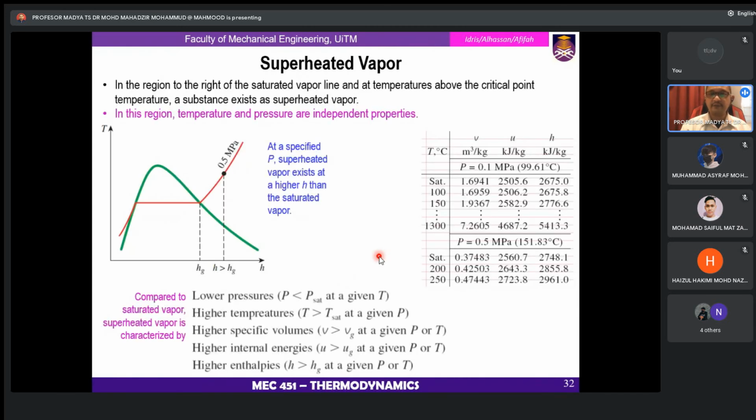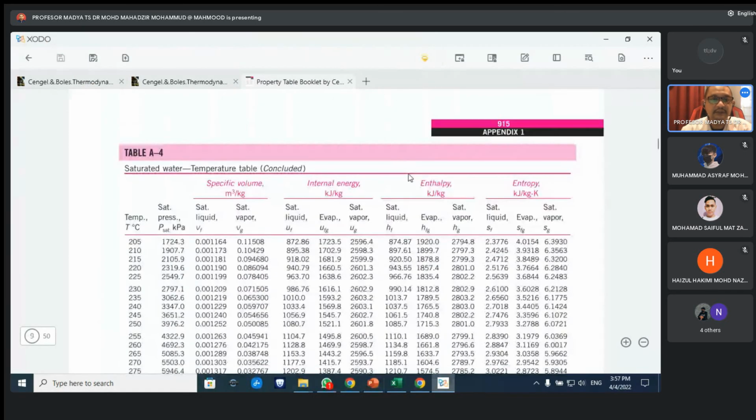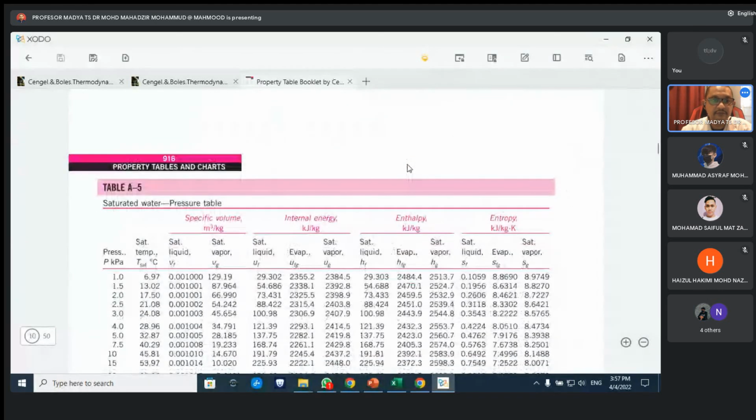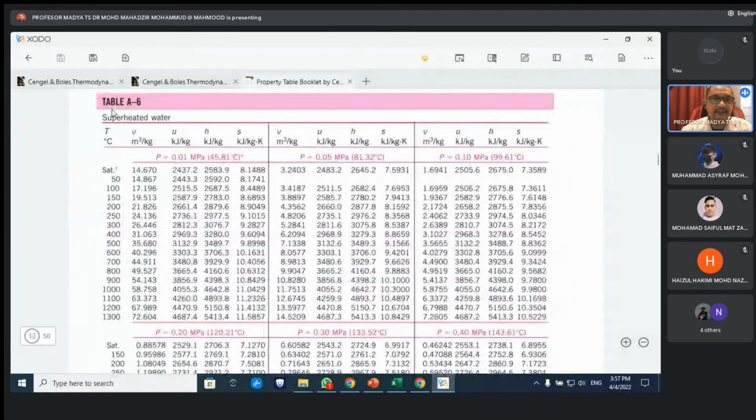How do we want to find this? For superheated vapor, you have to go to the properties booklet, to which table? Table 4, no. Table 5, no. Superheated water.